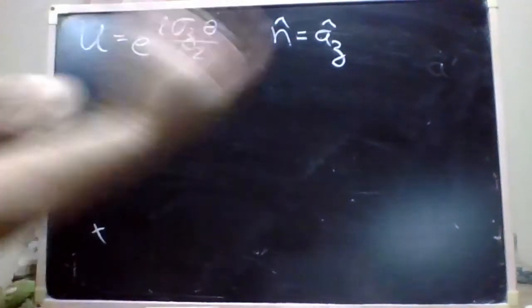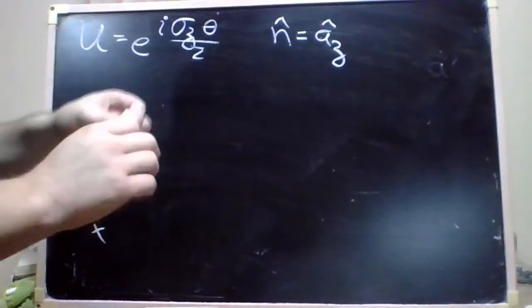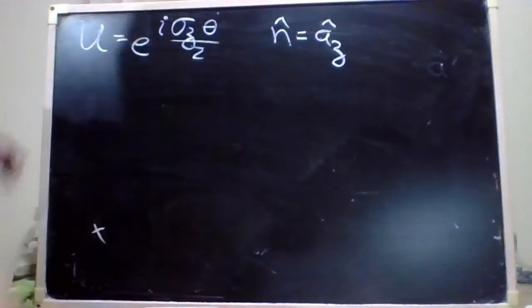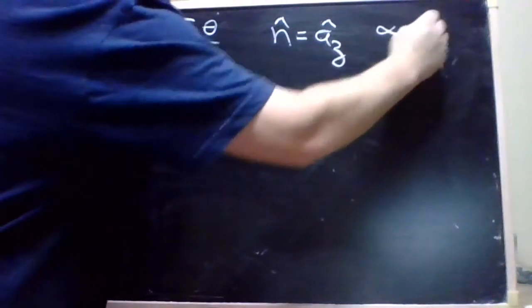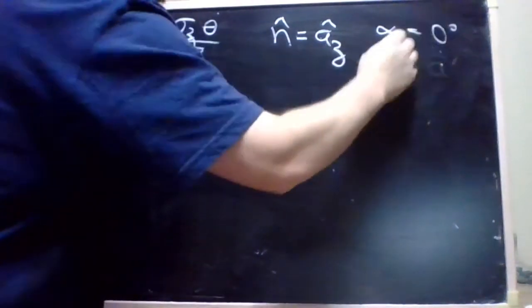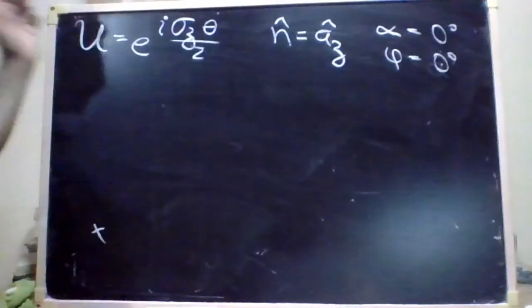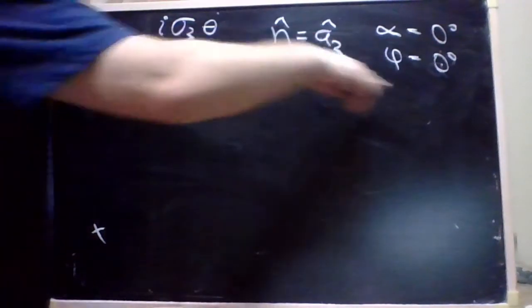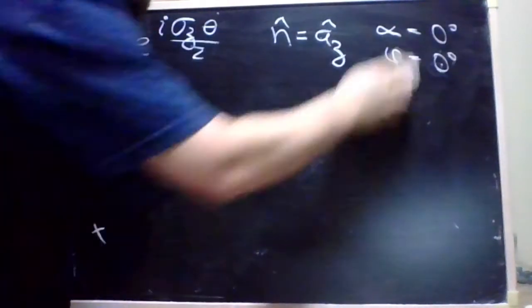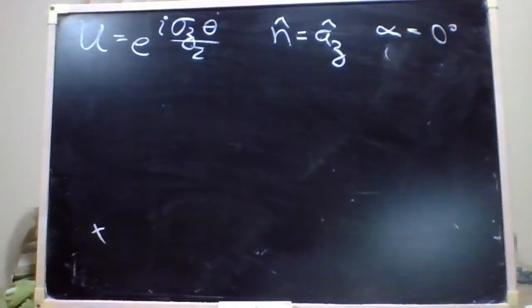I am rotating things with respect to the z-axis. Z components kept fixed. So my alpha angle is equal to 0. Phi doesn't matter, but you can put 0 there also, and you'll find any phi angle. No problem with that. Just alpha equals 0 will give you this direction here.